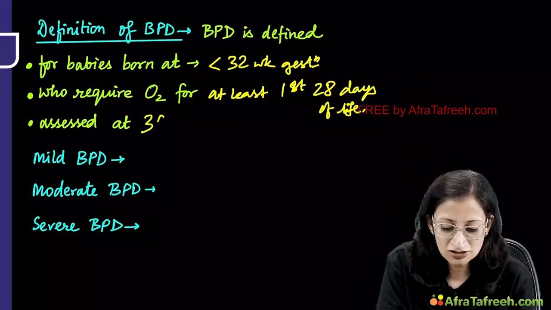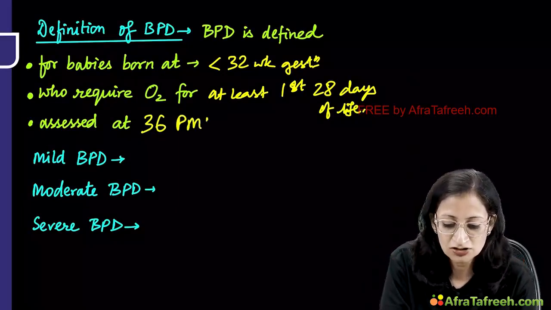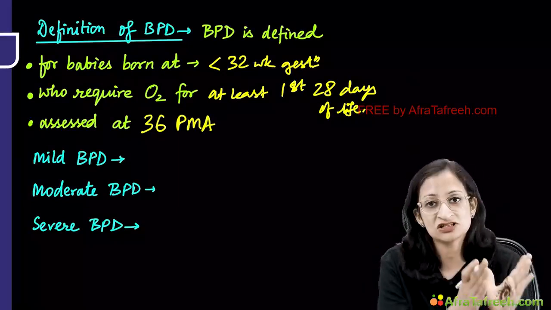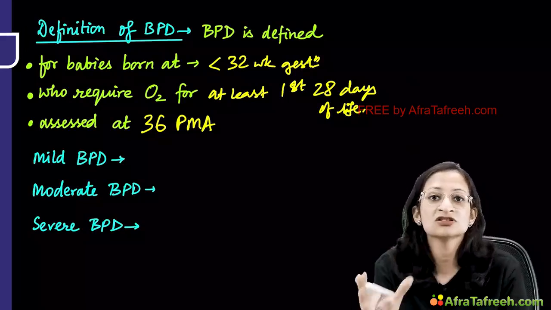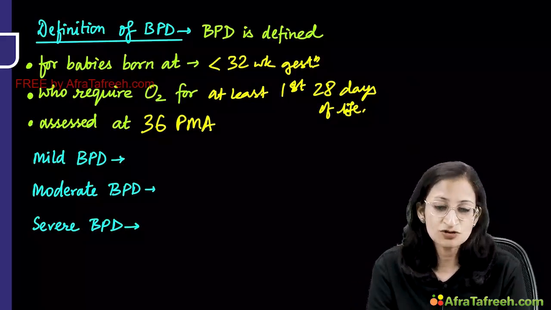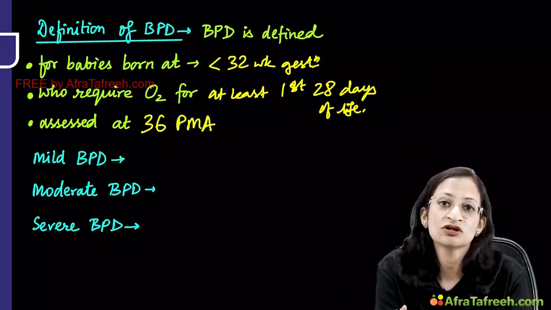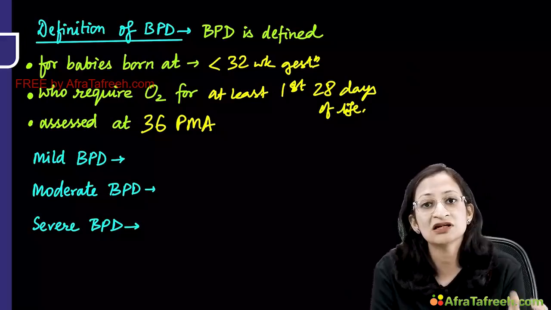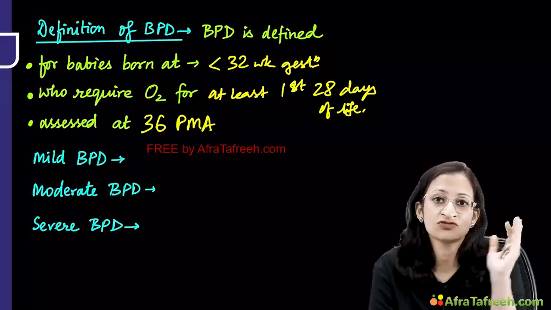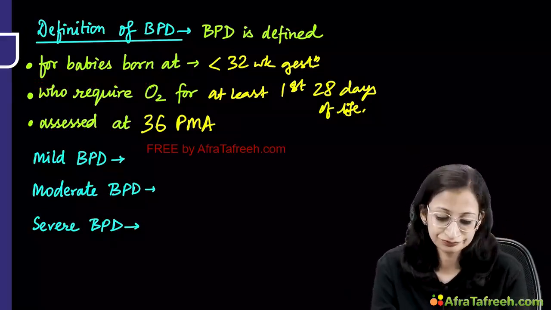Postmenstrual age means the gestational age at which they were born plus the postnatal age. Suppose a baby was born at a gestational age of 30 weeks and is 4 weeks old now. So the postmenstrual age will be 30 plus 4, that is 34 weeks from the LMP of the mother, right?